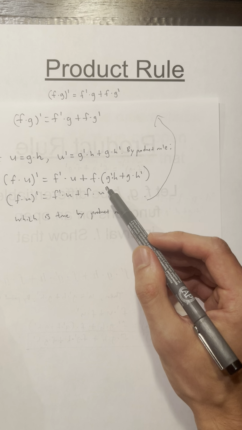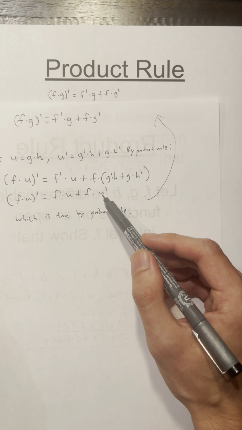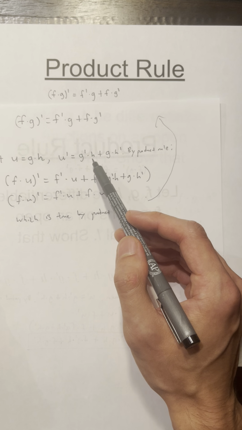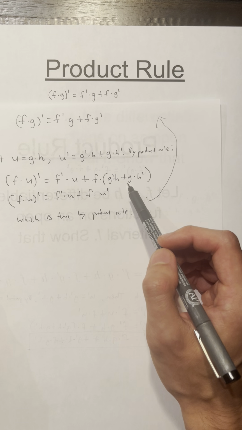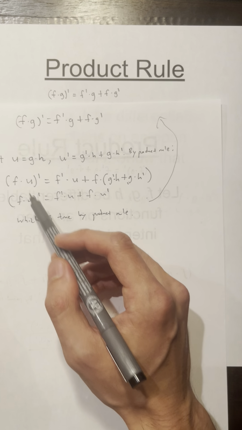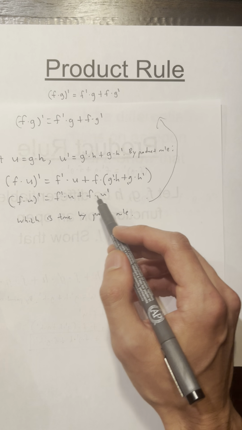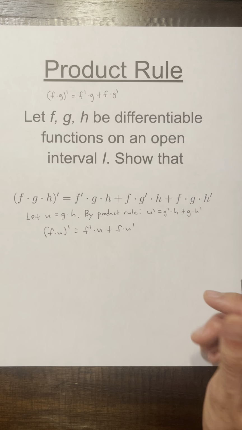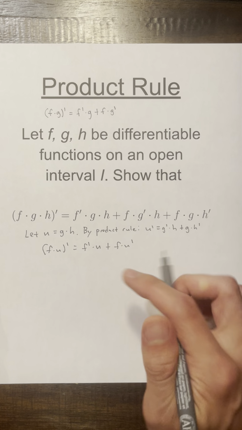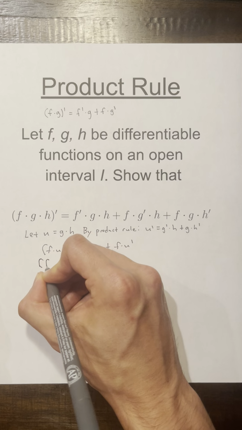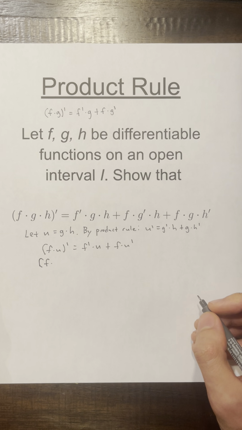We plugged in u prime equals g prime times h plus g times h prime. But actually what we could do with this equation is plug in both u as well as u prime. So let's change it a little bit. This is going to turn into f times how much?